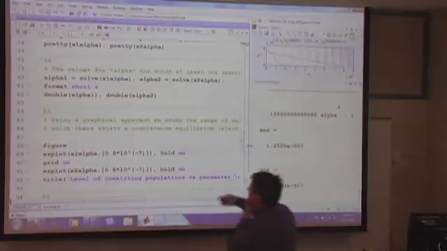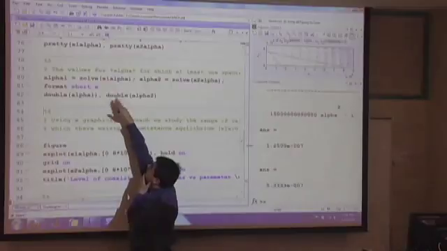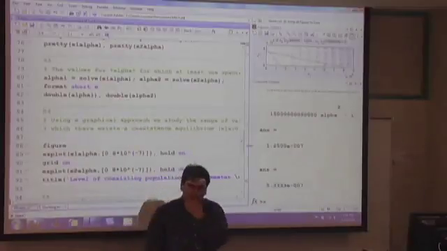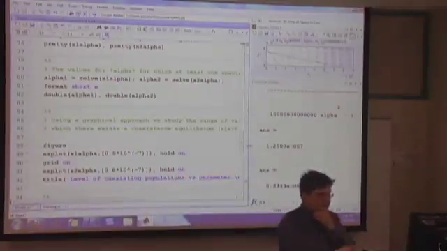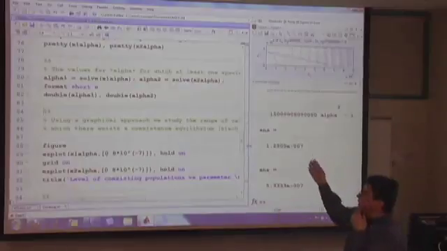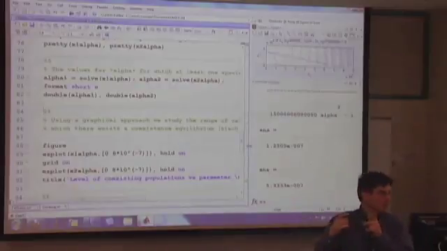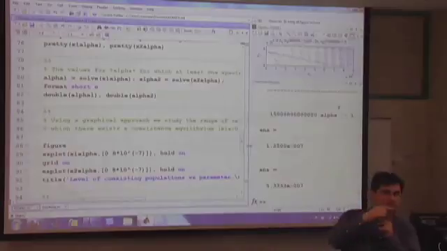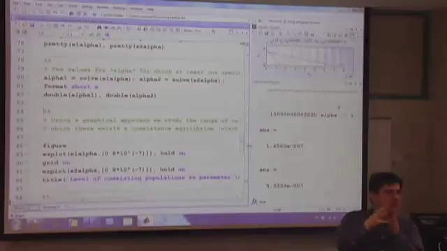So here you see when I solve x1 of alpha, x1 is a function of alpha, I solve it equal to 0. What am I doing? For x2, alpha equals 0. Right, so I get a value for alpha.